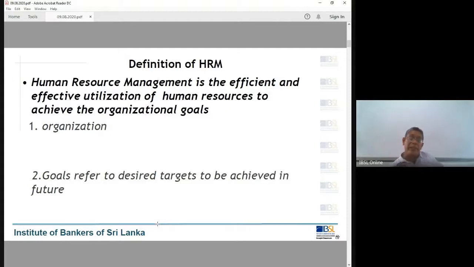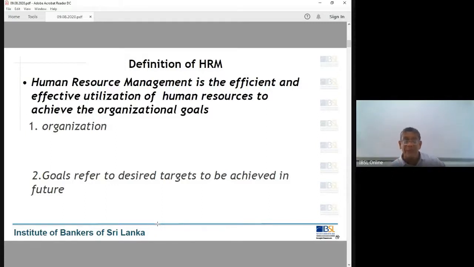Now let me explain the full meaning of this definition. What is the definition of HRM? Human resource management is managing the human resources in an organization. It is the efficient and effective utilization of human resources.